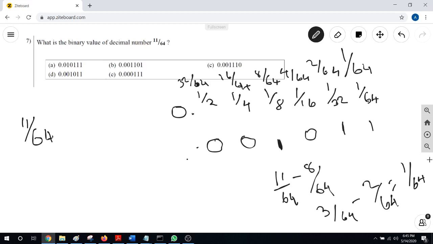That means we can stop, right? There are no whole number parts, therefore the answer is 0.001011. So the answer is D. Okay, so I hope you got the point. Okay, thank you.